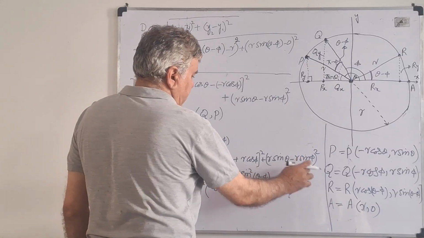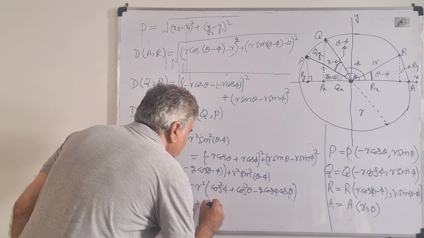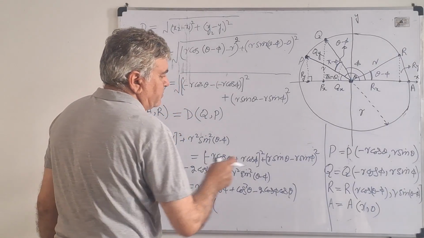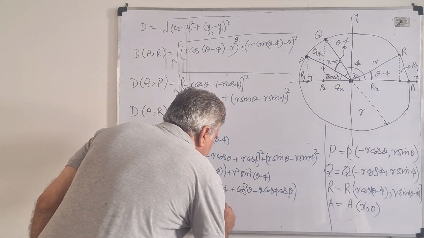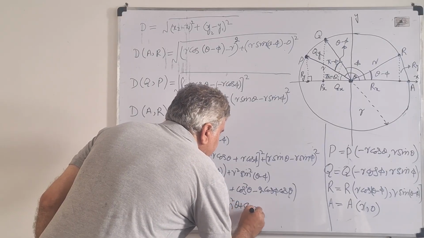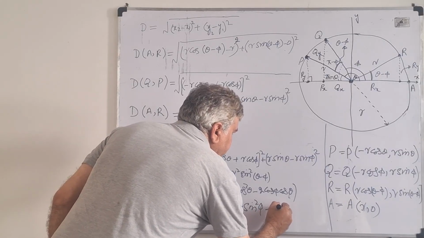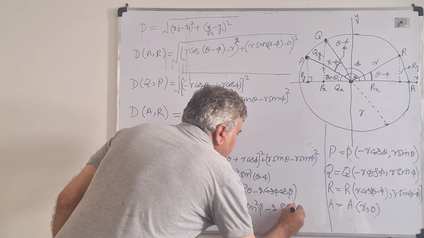And from this term, again, I take r squared common, so I get r squared into, and here I would have sine squared theta plus sine squared phi minus 2 sine theta sine phi.